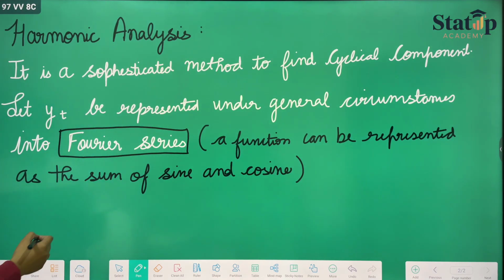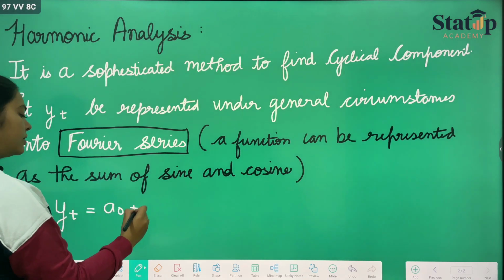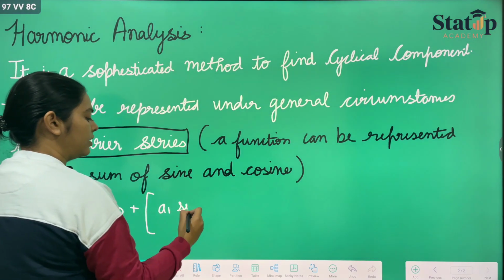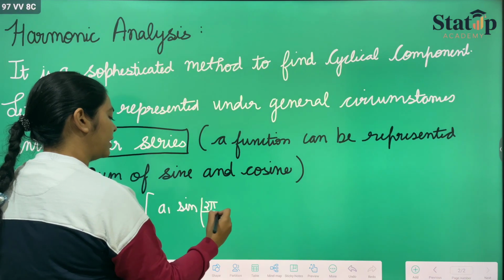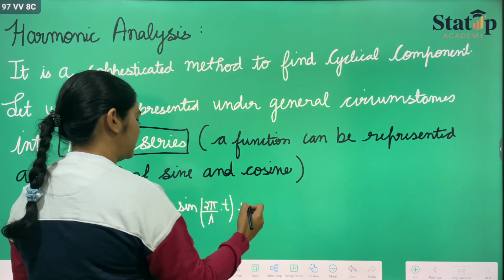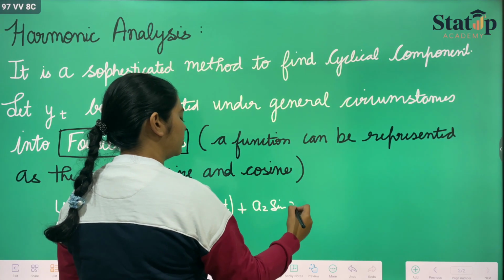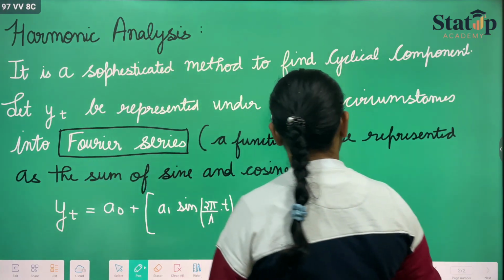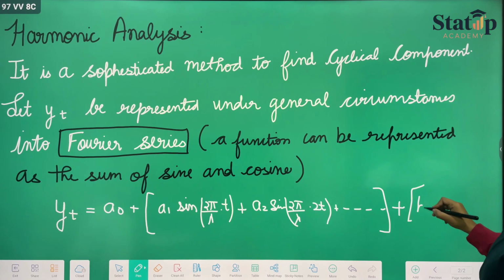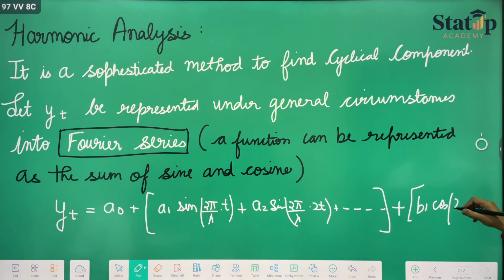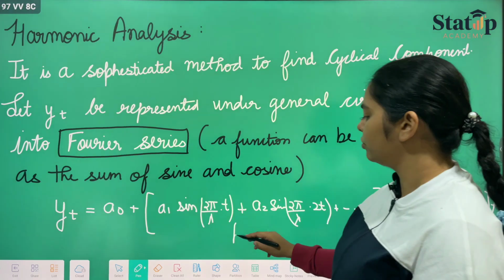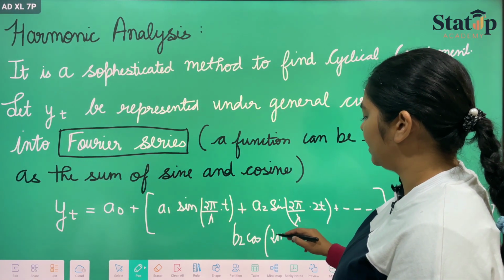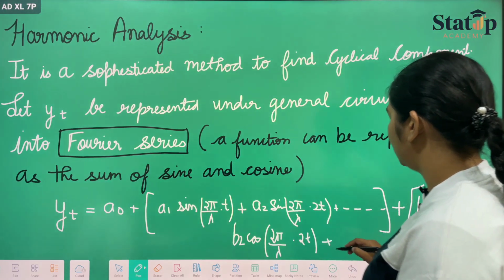So our Yt can be represented as a naught plus a1 sine 2 pi by lambda into t plus a2 sine 2 pi by lambda into 2t, up till, and then the cosine series would be b1 cos 2 pi by lambda t plus b2 cos 2 pi by lambda into 2t, up till nth terms.